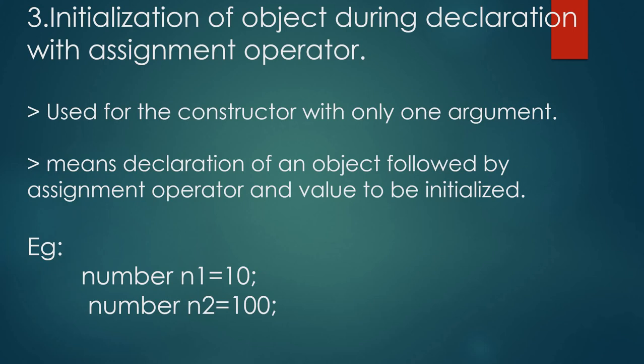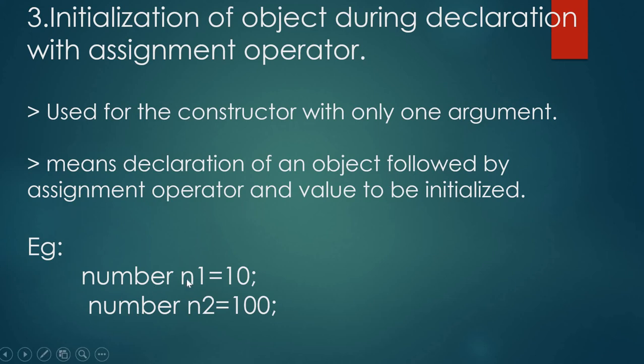That is, we can't use this method when the constructor has more than one argument. The definition of this method is declaration of an object followed by assignment operator and value to be initialized.